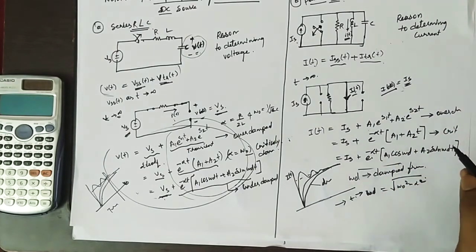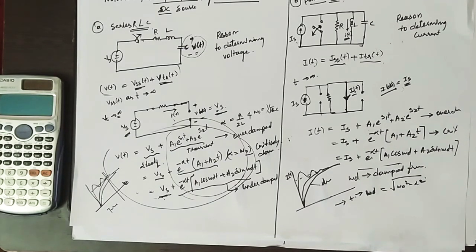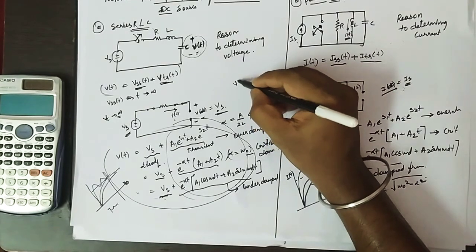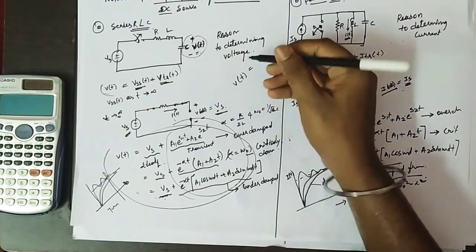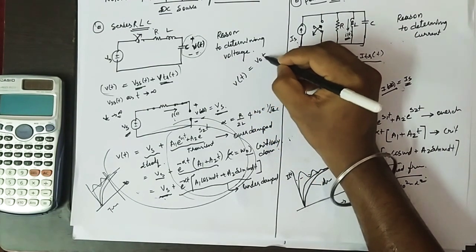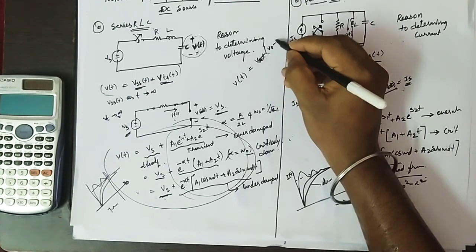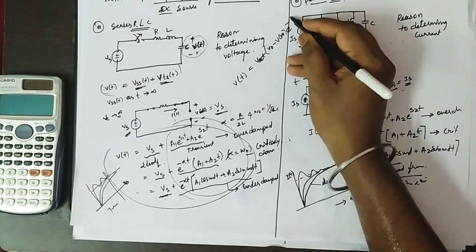In the next section, we'll solve a few problems in the time domain, a new kind of problem. In the RL circuit and the single first order RC circuit, we directly found v(t) in the form v_infinity plus (v_0 minus v_infinity) e^(-t/tau).